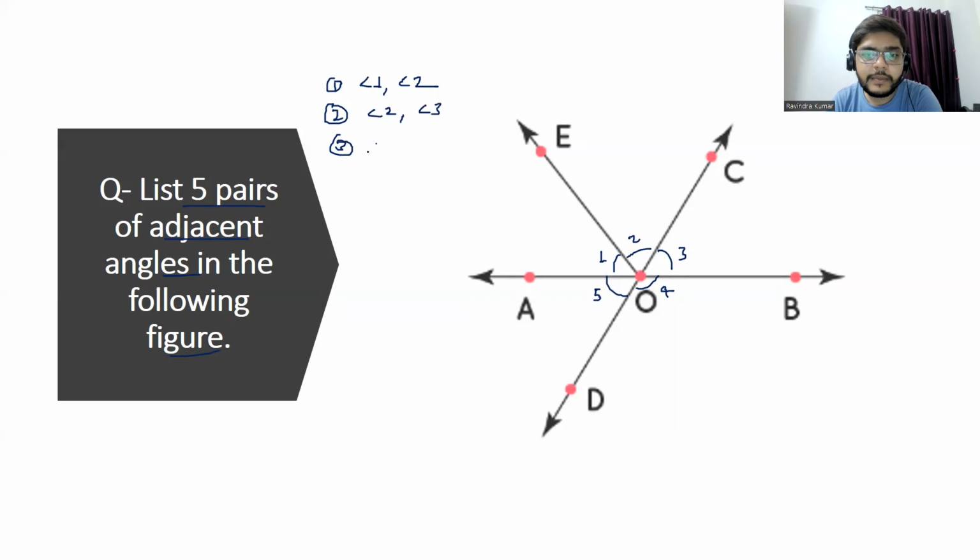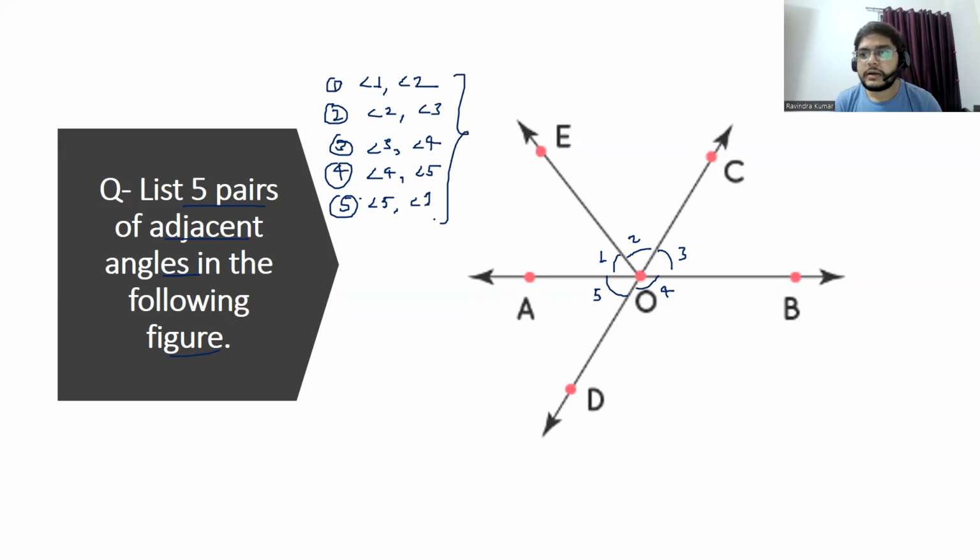Third pair we have angle 3 and angle 4. And the fourth we have angle 4 and angle 5. Fifth we have angle 5 and angle 1. All these are the 5 pairs of adjacent angles.